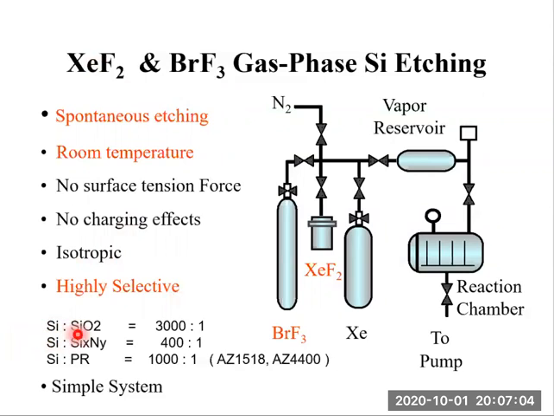The selectivity of silicon to silicon dioxide is as high as 3,000 to 1, so if you etch 3,000 microns of silicon, silicon dioxide is only etched by 1 micron. Silicon to silicon nitride is 400 to 1, and silicon to PR is 1,000 to 1. So high selectivity.